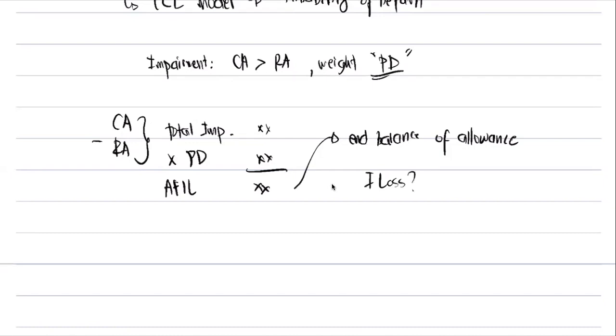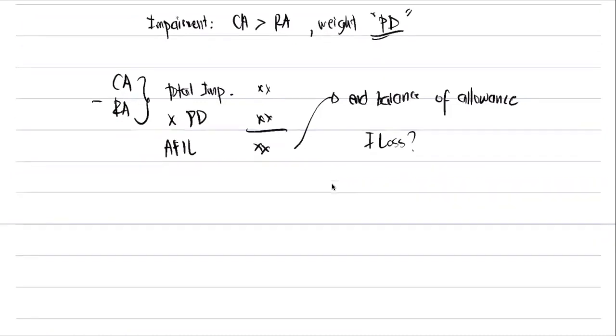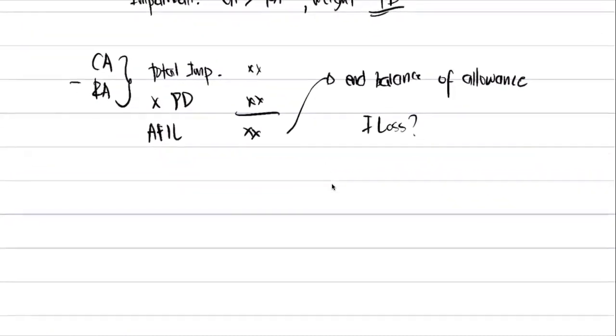Because under PAS 39, whatever we compute, that is the amount of our impairment loss. However, here, we just compute the ending AFIL. Since we are using AFIL, you should have known by now that under PFRS 9, we do not use the direct method. We use the allowance method because we keep an ending balance for impairment loss, or the ending balance for allowance for impairment loss.